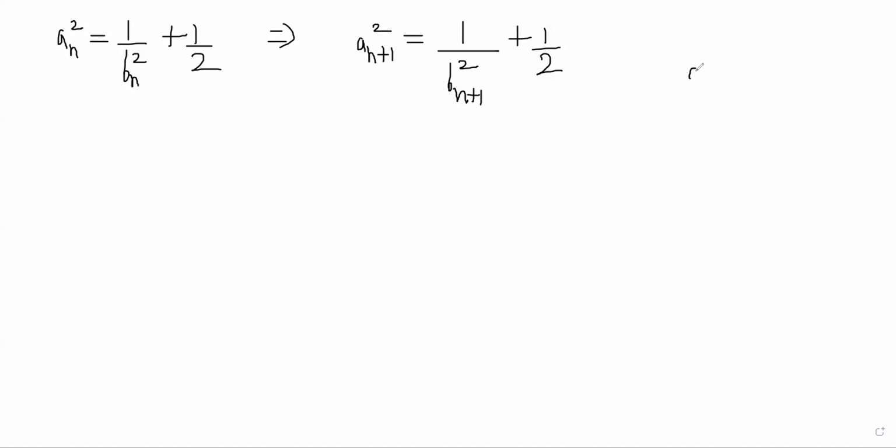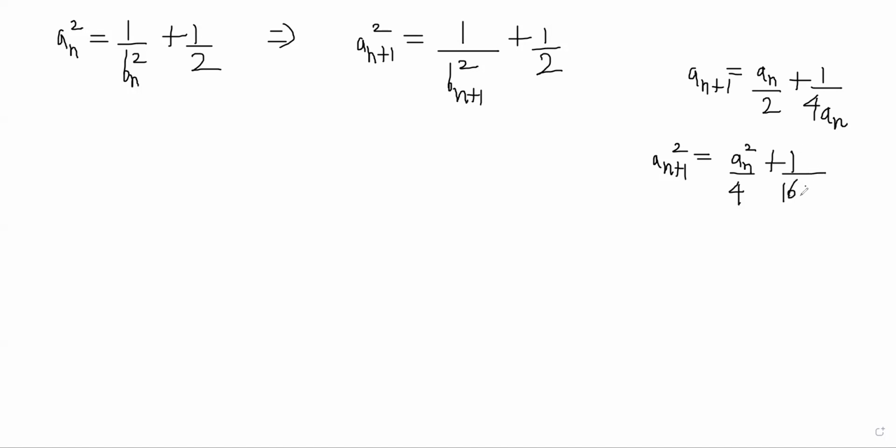Our initial recurrence was what? An plus 1 was equal to an by 2 plus 1 by 4 an, right? An by 2 plus 1 by 4 an. So an plus 1 square from here is coming out to be what? An square by 4 plus 1 by 16 an square plus 1 by 4.